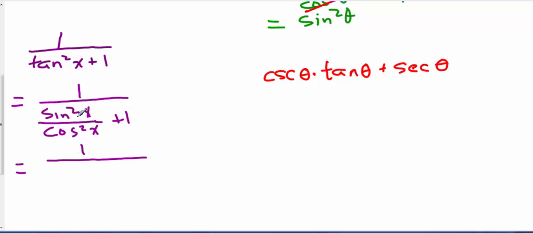In my denominator here, I can simplify this by creating a single fraction. To do that, I need a common denominator in my existing denominator. I know, scary, right? So the common denominator will be cos squared x.